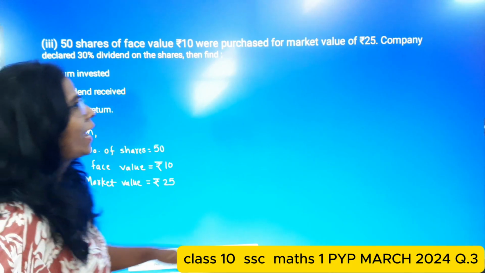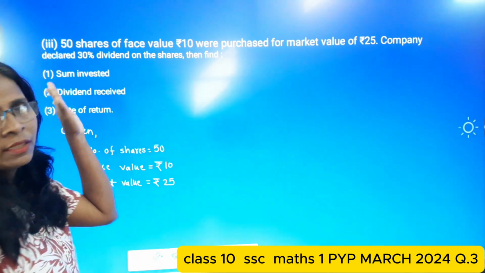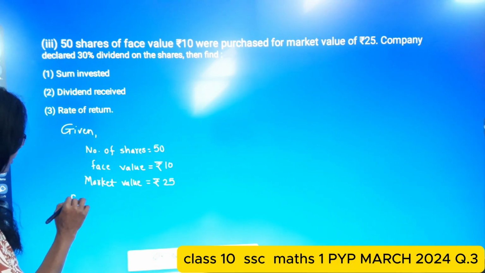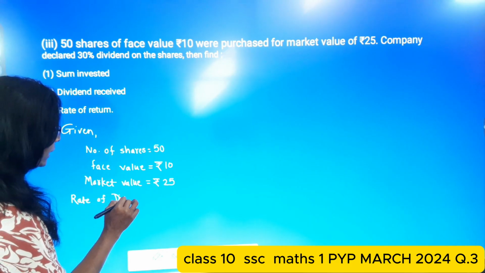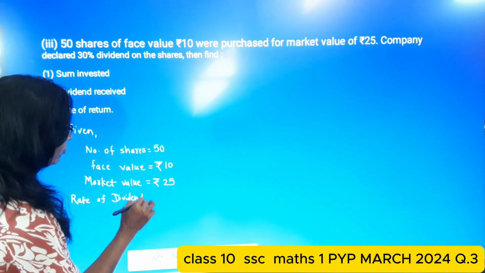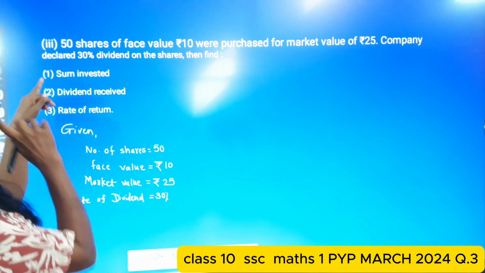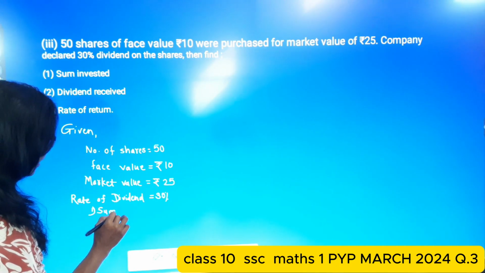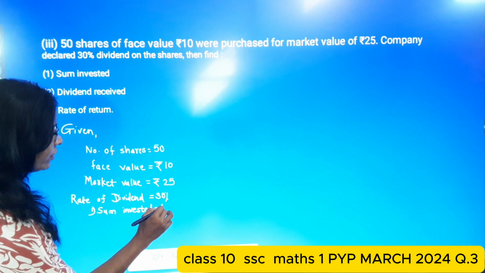Okay, students? And then the 30% dividend. That means it is the rate of dividend, so I write rate of dividend, which is equal to 30%. And then we have to find out the sum invested, so sum invested is equal to question mark.